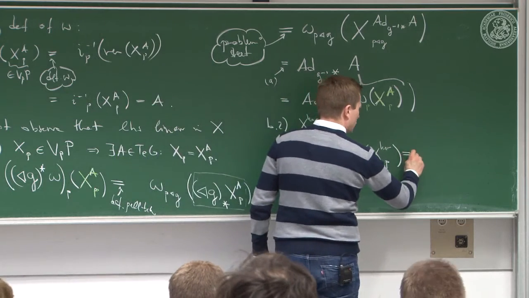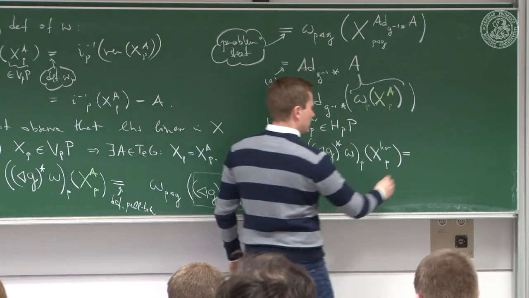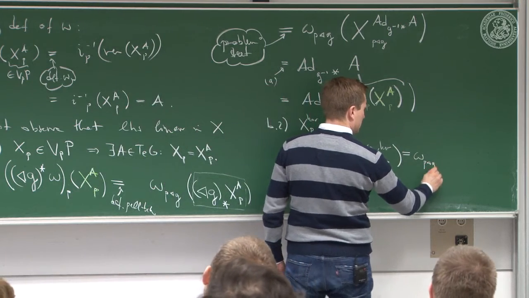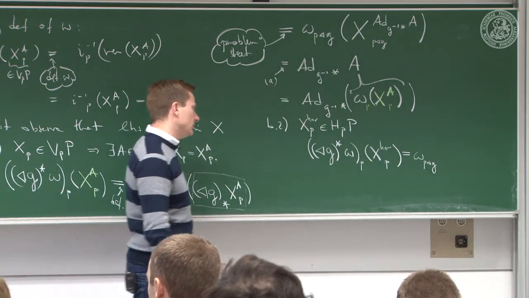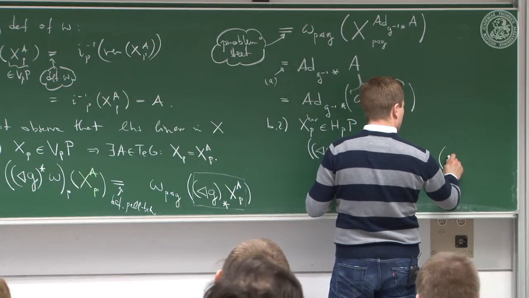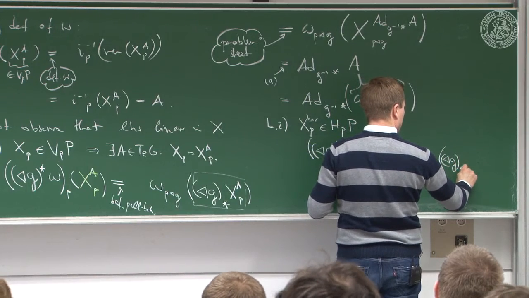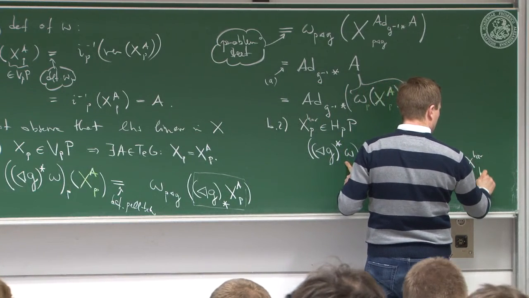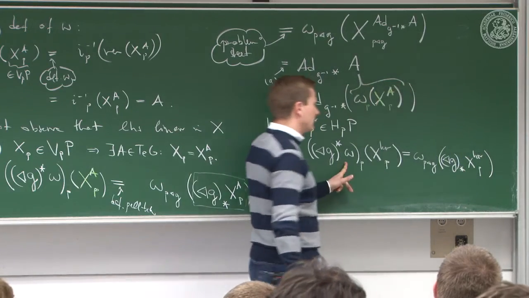Now again, we use the definition of the pullback. So this is omega at p acted upon from the right by G, of the push forward G push forward acting on X hor at p. Right?